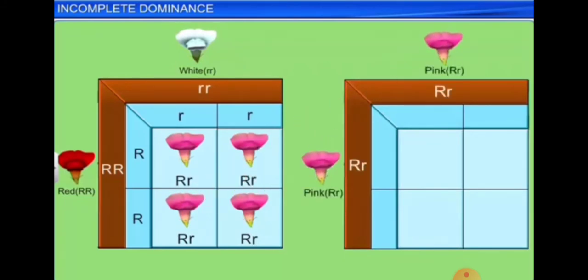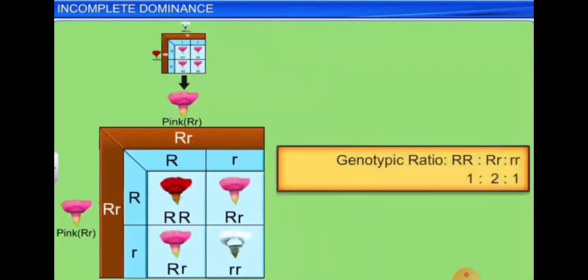The F1 hybrid flowers were taken and self-pollinated, and the genotypic ratio obtained in the F2 was 1:2:1. The same result was obtained by Mendel in his experiments on peas.